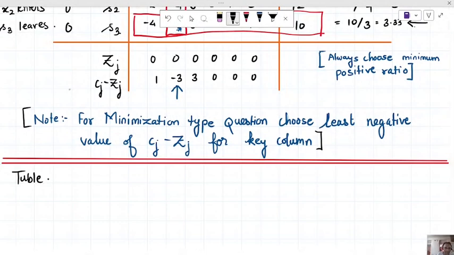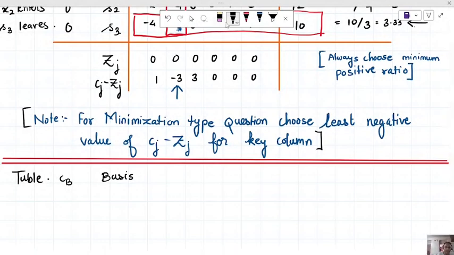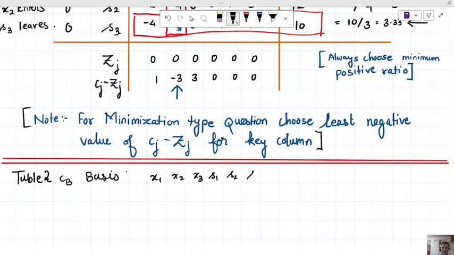So here we write down our values for the Cb column and the basis. In table 2 you have Cb and the basis, then x1, x2, x3, s1, s2, s3, correct? Then here you have the RHS, and here is the ratio.